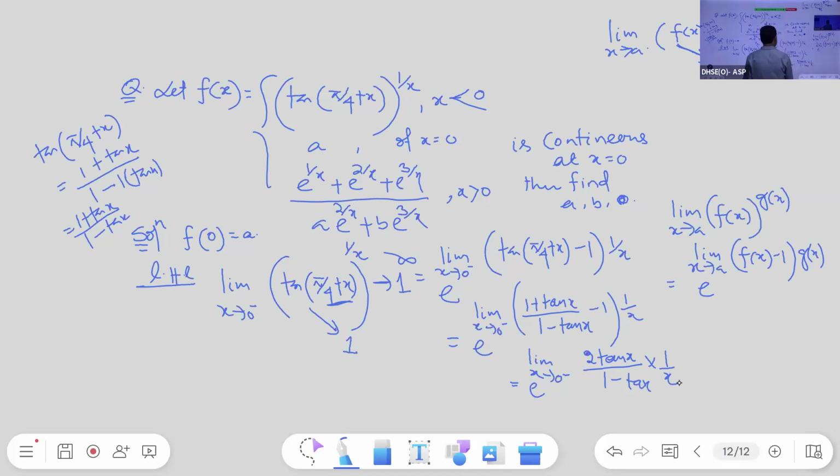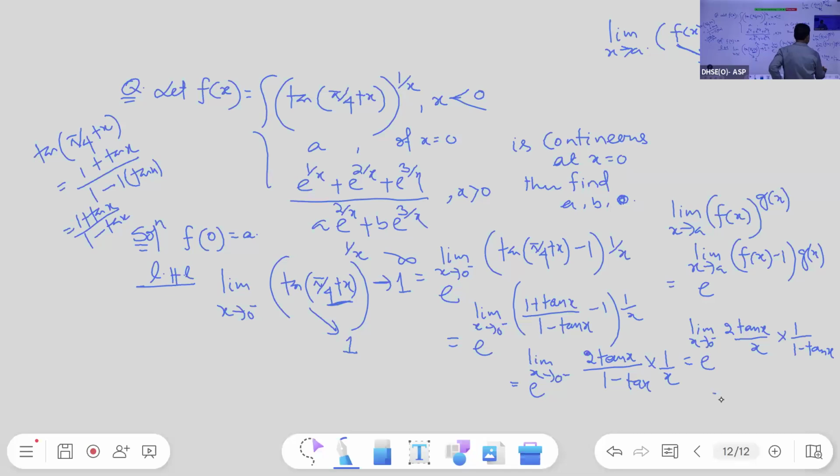Now separate it into two limits. This is equal to e raised to the power limit as x tends to 0 of 2 tan x upon x, into 1 upon 1 minus tan x. This is your standard formula: limit as x tends to 0 of tan x upon x is 1.